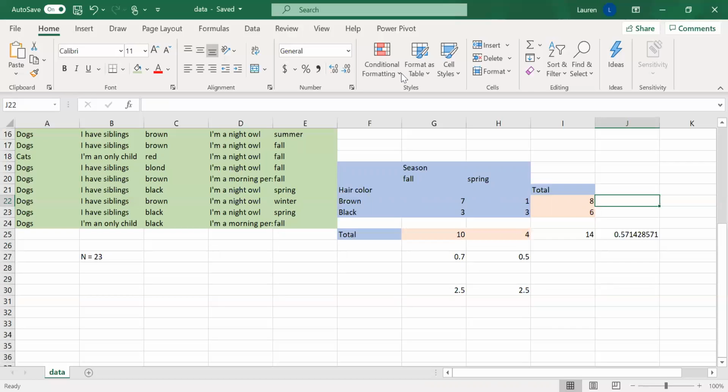And so I can use those two numbers to calculate how many calories I have per gram of fat. And so I would take my 250 divided by 30, and that gave me 8.33 calories per gram of fat.